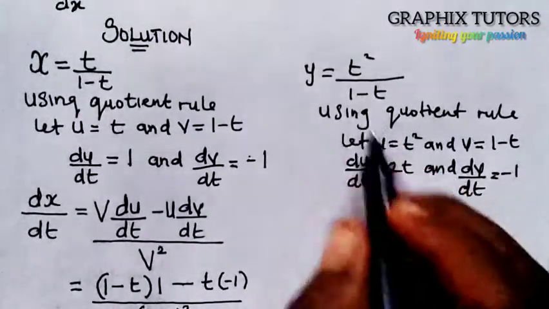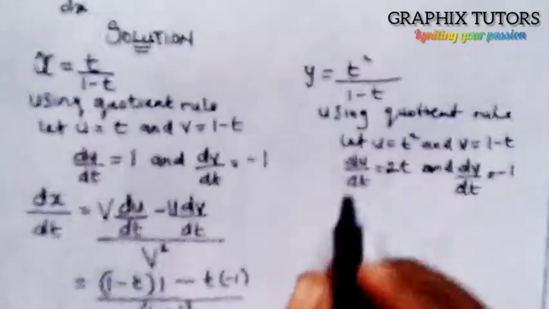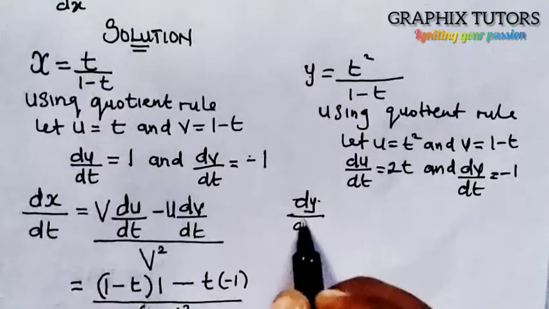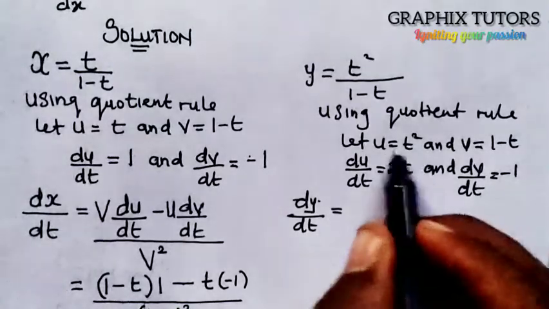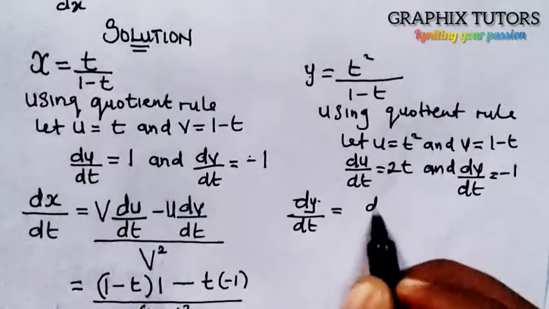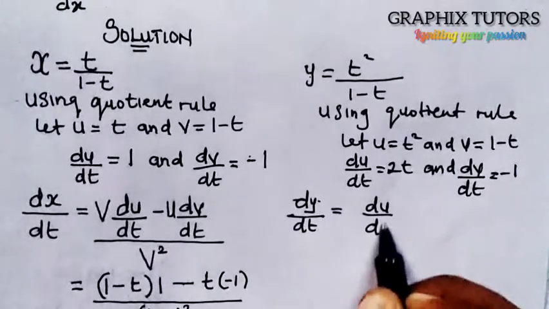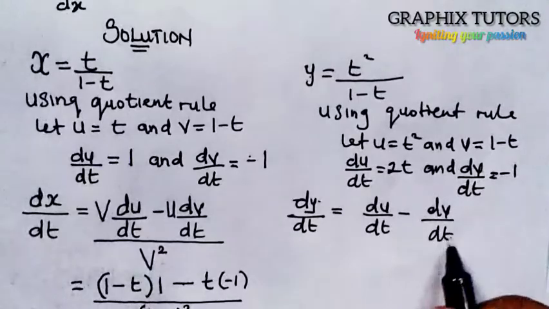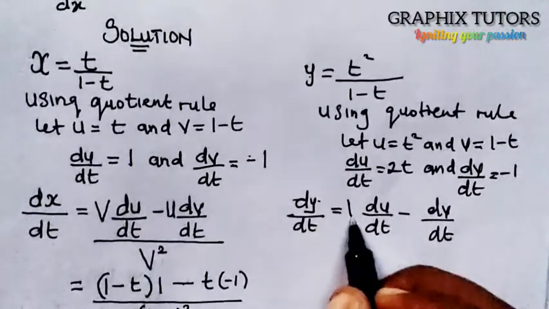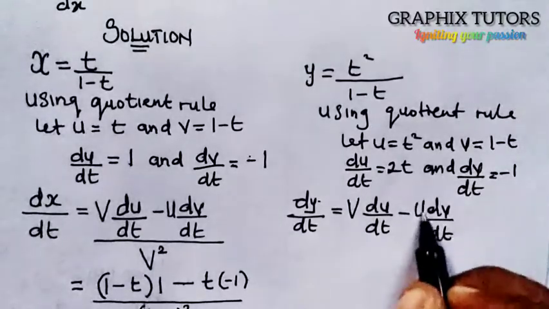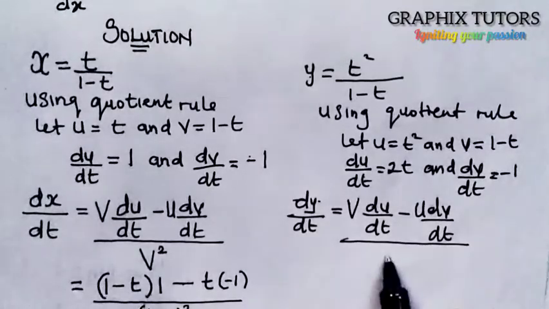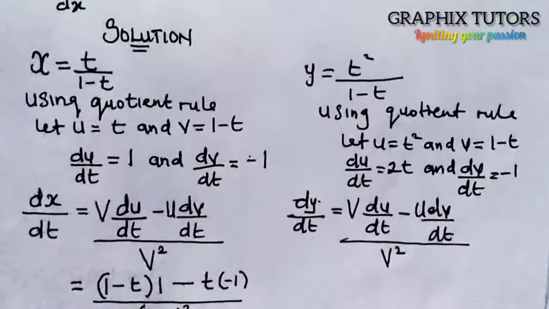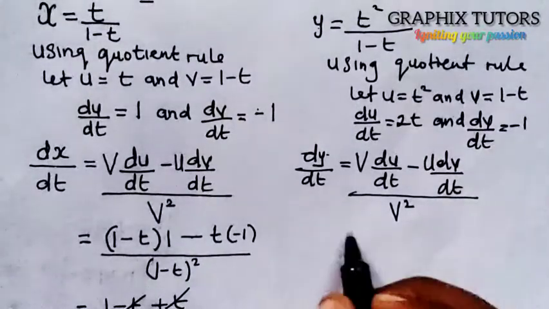So since it is division, we'll now say that dy over dt will give me, you subtract these two, du over dt times v minus dv over dt times u. Since this is u, you put v here. Since this is v, you put 2t here. Everything over v squared, over the first guy squared. Now from here, you put in your values.